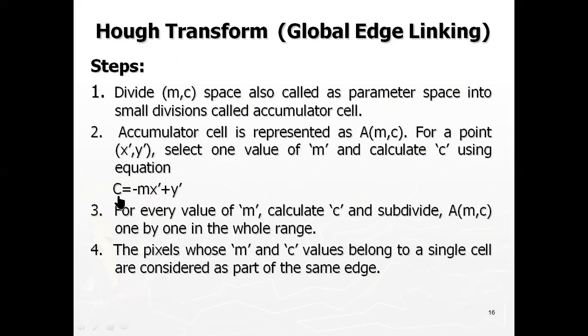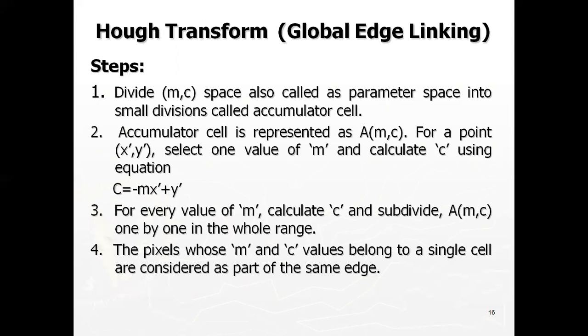For every value of m, calculate c and subdivide A of m comma c one by one in the whole range. In the last step, the pixels whose M and C values belong to the same cell are considered as part of the same edge.